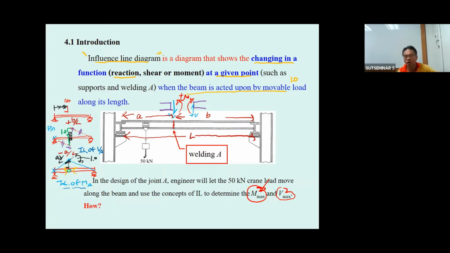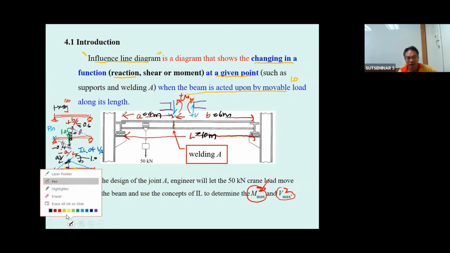So you got to put the 50 kilonewton according to this. If this one is 10 meter, this is 4 meter, this is 6 meter. So the coordinate here is going to be 0.6. The coordinate here is going to be minus 0.4.